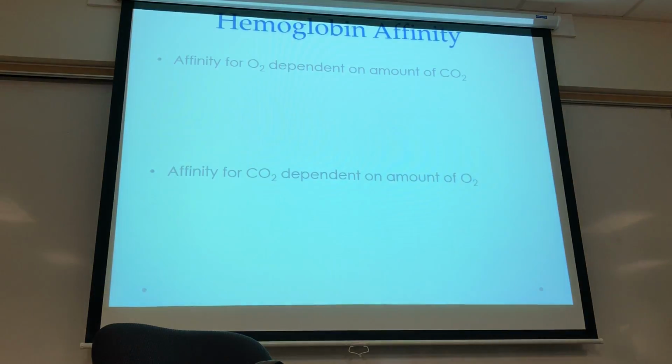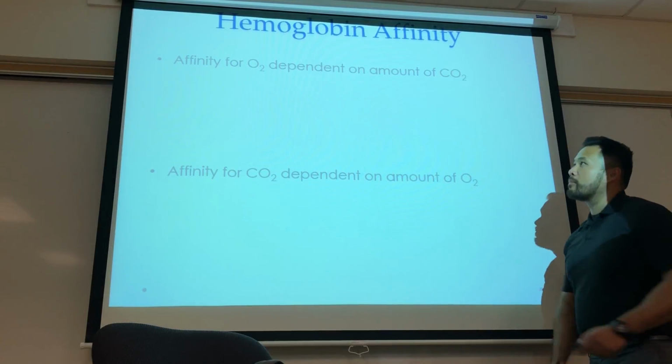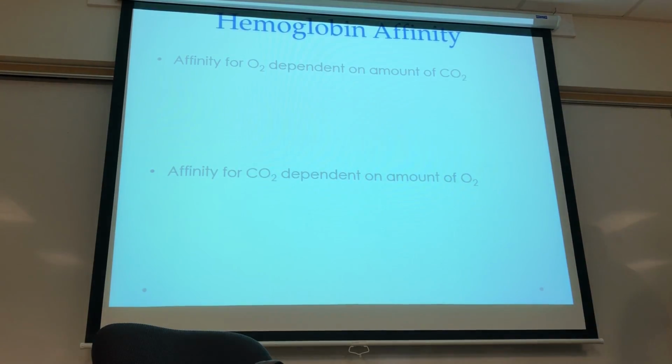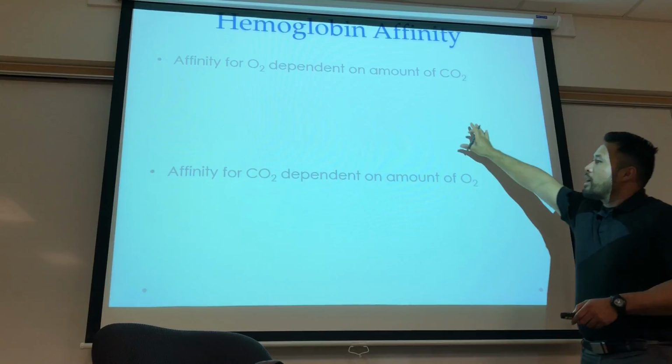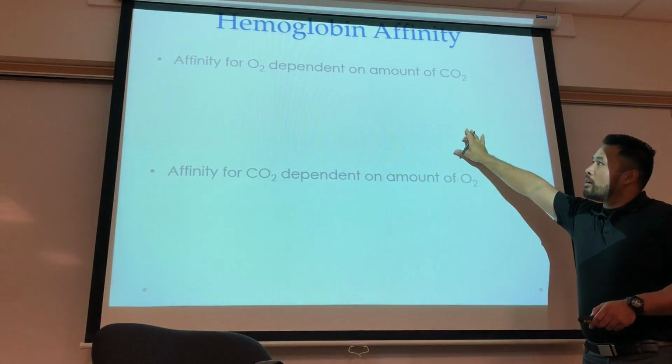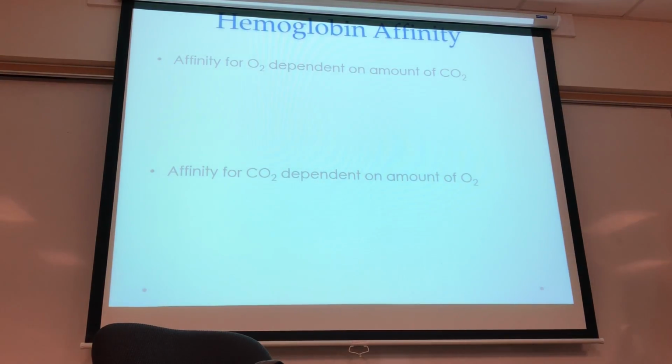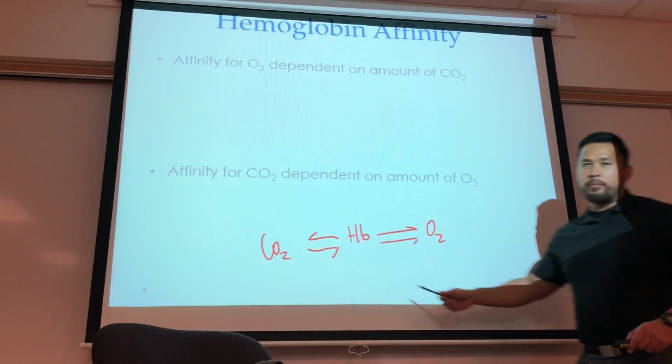All right, so now, as I mentioned earlier, we've only explained the relationship between O2 and hemoglobin. But hemoglobin has an affinity for both O2 and CO2. The two compete. Hemoglobin wants to bind to O2 in an oxygen-rich environment, and it wants to bind to CO2 in a CO2-rich environment.